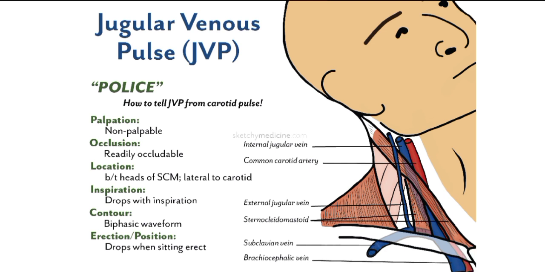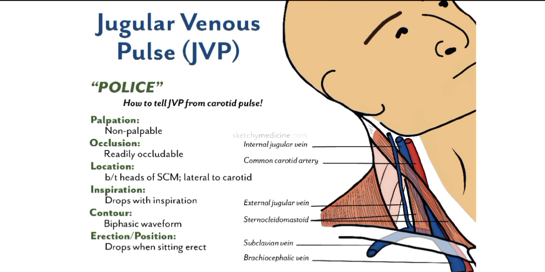Okay, so when we talk about jugular venous pulse, this actually corresponds to the changes of the pressure inside the right atrium. When the pressure builds up in the right atrium during contraction or atrial systole, that pressure is going to be propagated through this vein, and it's going to be seen as a pulsation.